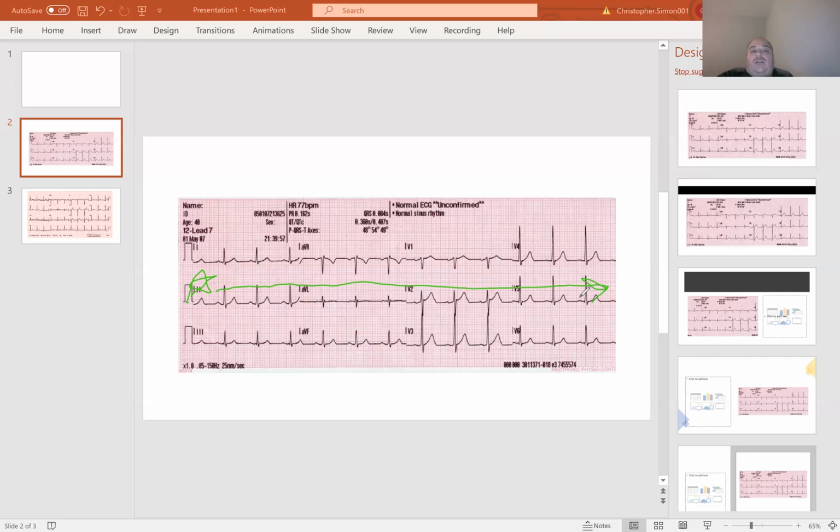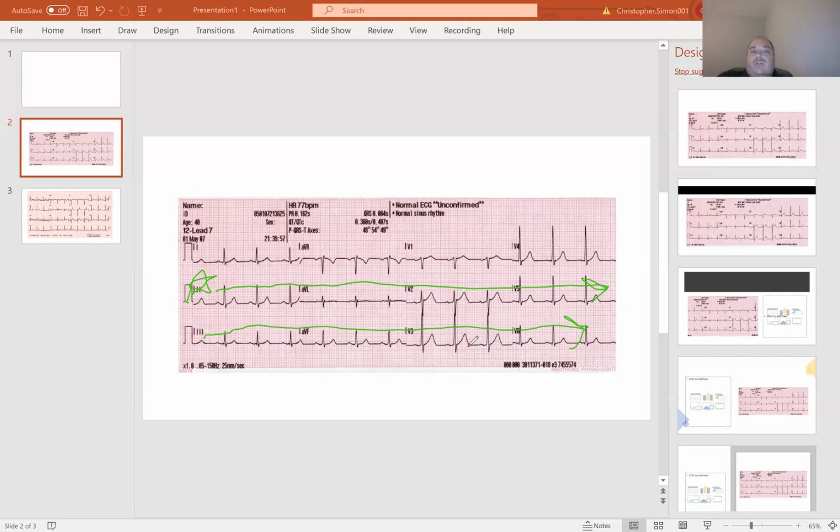Now, for whatever reason, if you think that lead 3, AVF, V3, and V4 are a little bit easier to read because they print a little bit more clear, right? Then read 3, AVF, V3, V6, or whatever it is, all the way across, right? So it doesn't really matter which you use to diagnose the rhythm.